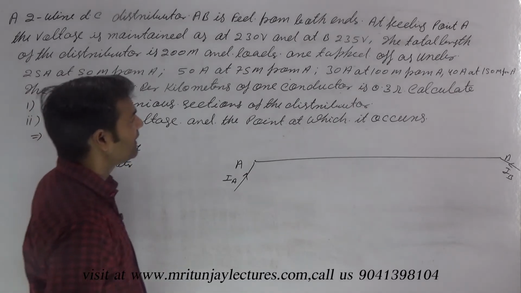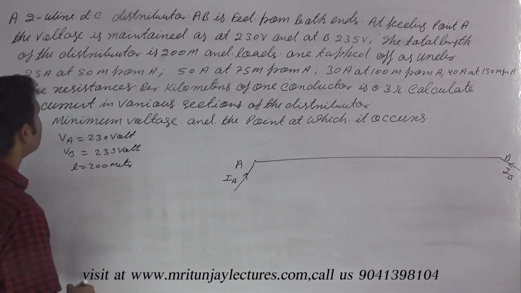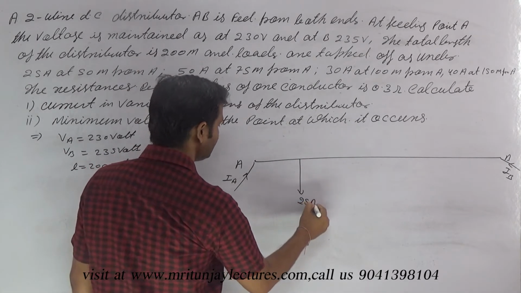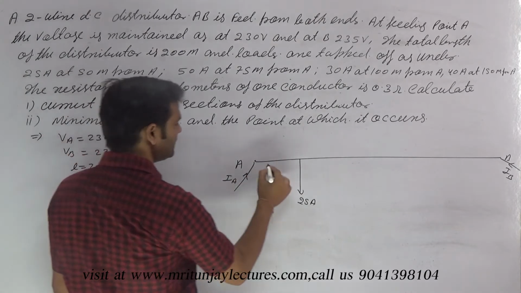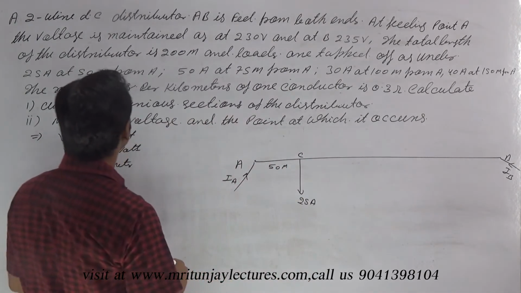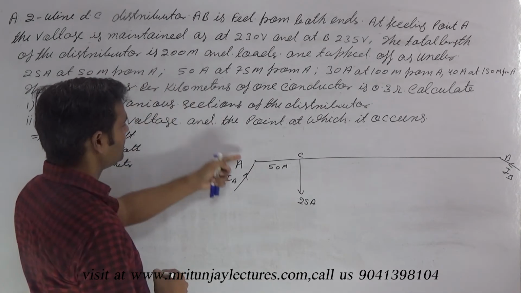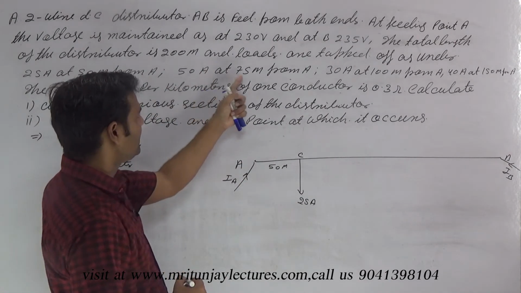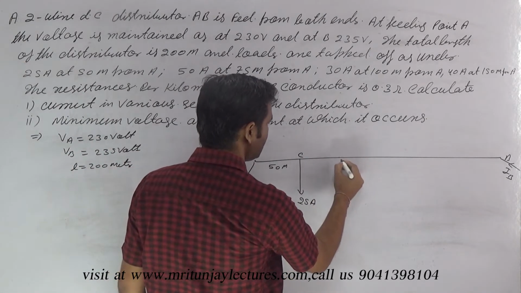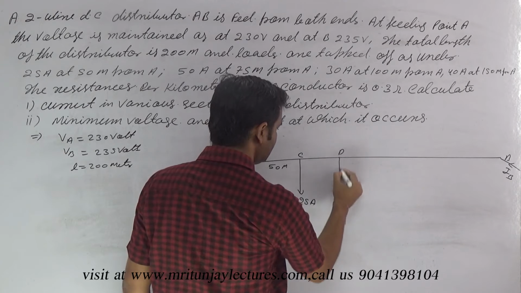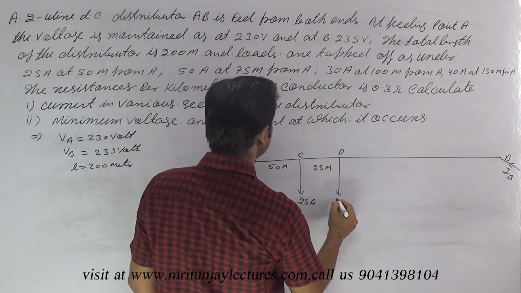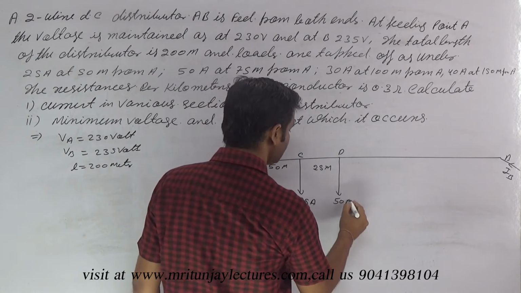There is a load or tap of 25 ampere at 50 meter from A. That point represents C. Now 50 ampere at 75 meter from A, which means C to D is 25 meter, and the current is 50 ampere.